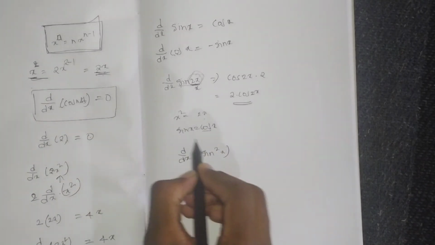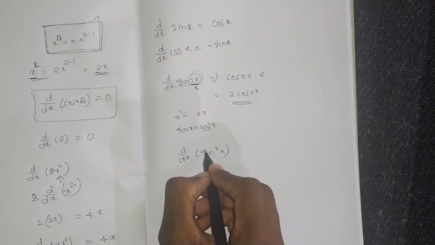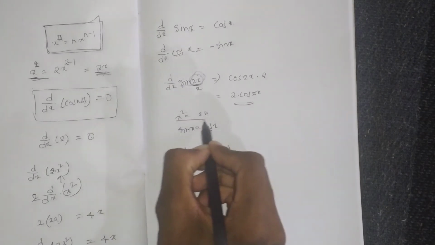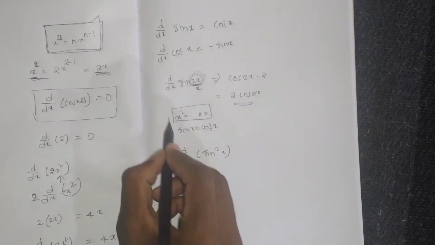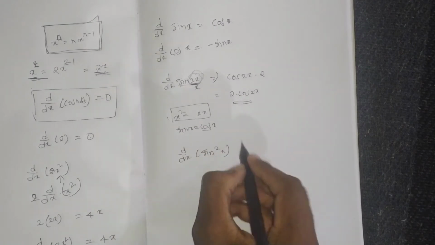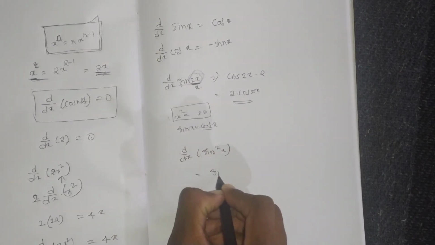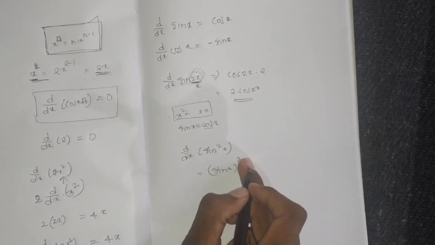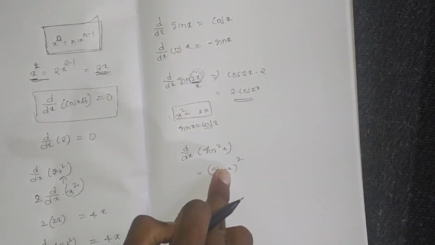See here, I am going to treat sin square x as x square. If you observe x square and sin square x, in the place of x we have sin x. This sin square x I can also write as sin x whole square. So in the place of x we have sin x.